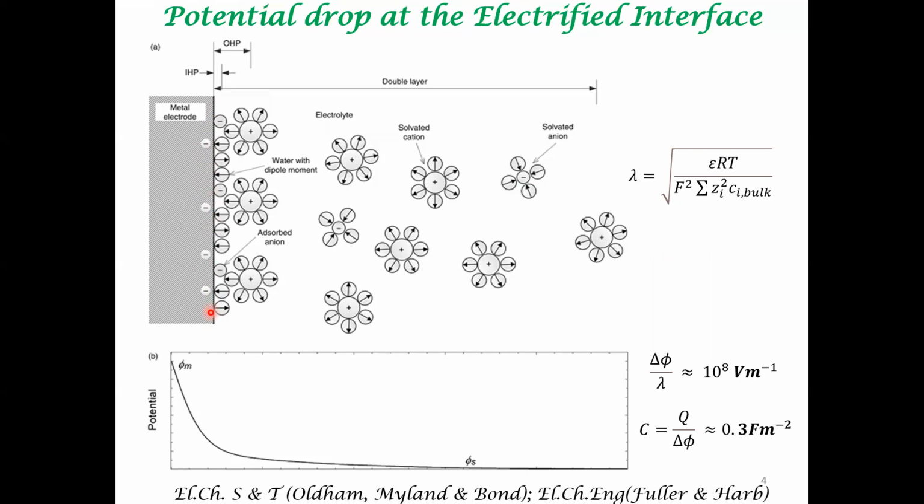In practice, if you want to increase the capacitance, what you would want is that the interface should be very corrugated. It should be very rough. As the roughness increases, the electrochemical surface area available for the formation of this double layer also increases. The greater the electrochemical surface area, there will be more ions that are bound to the electrode.